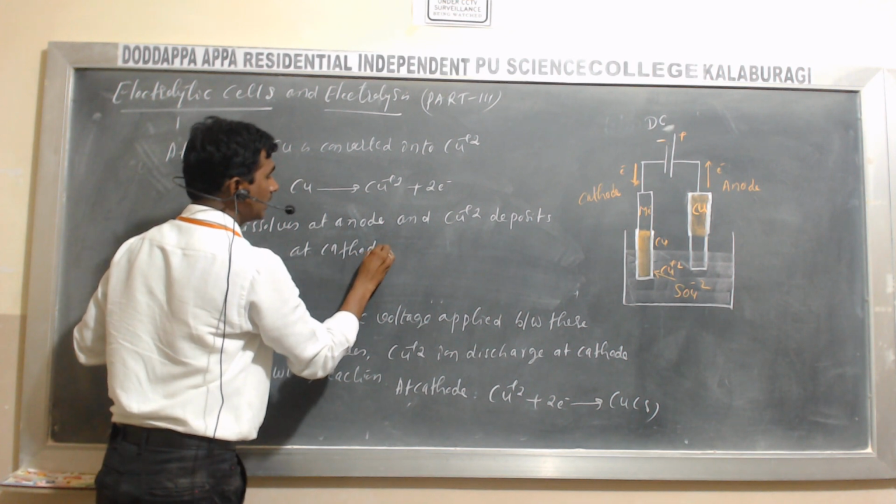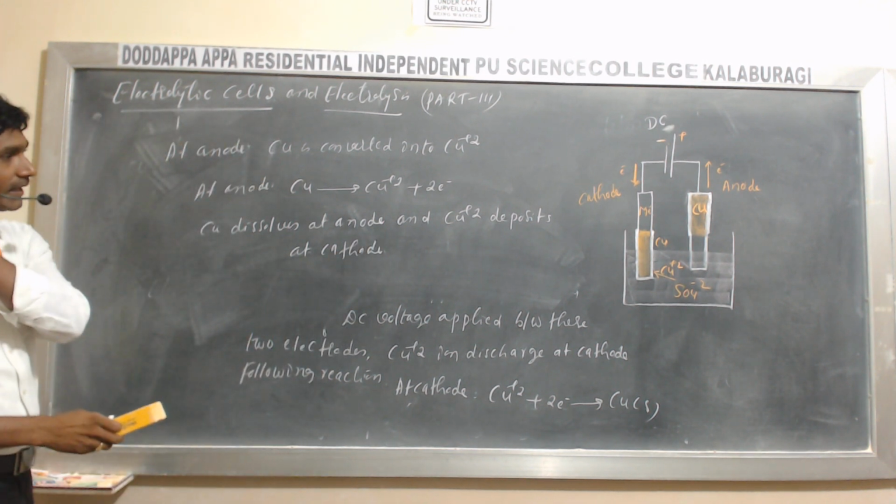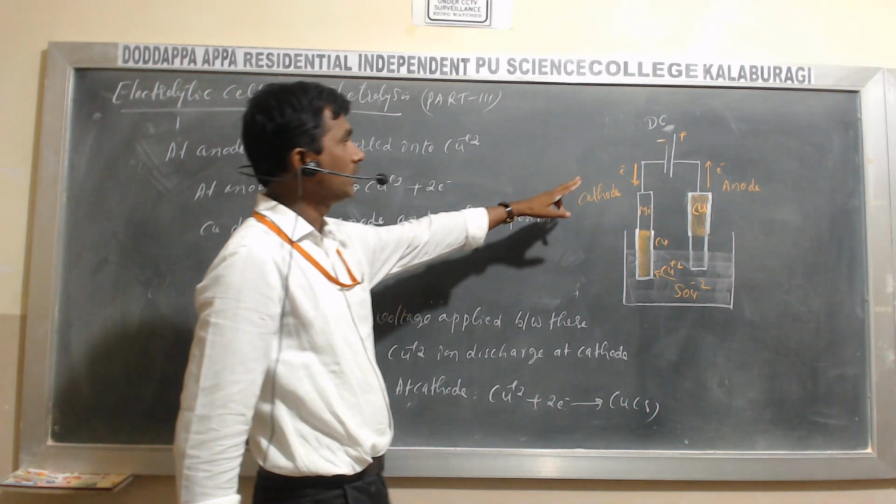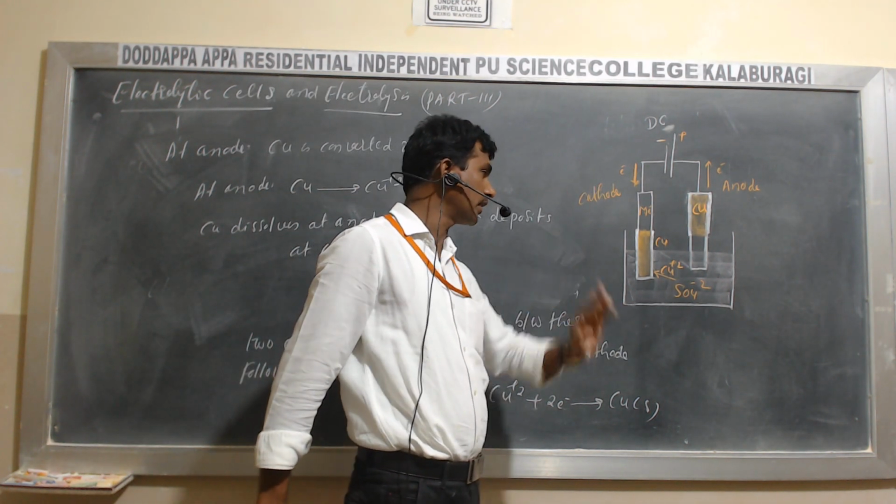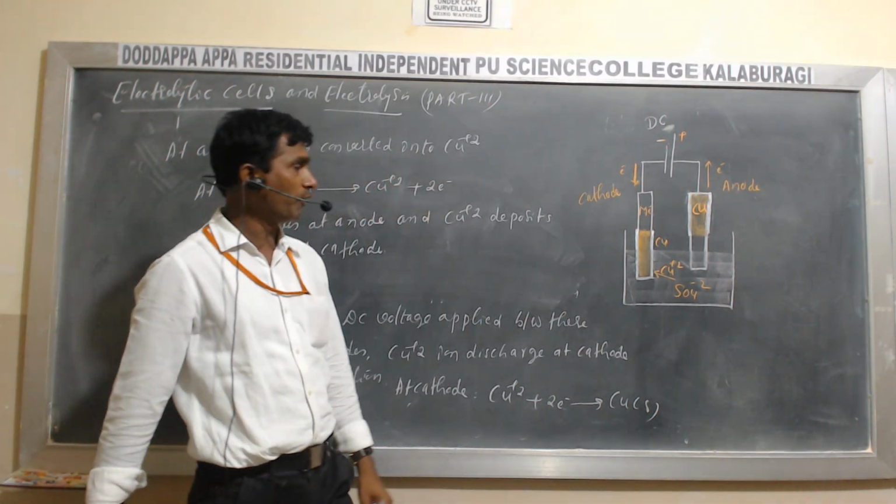So this is the process of the electrolytic cell using two copper electrodes dipped in an aqueous solution of copper sulfate.